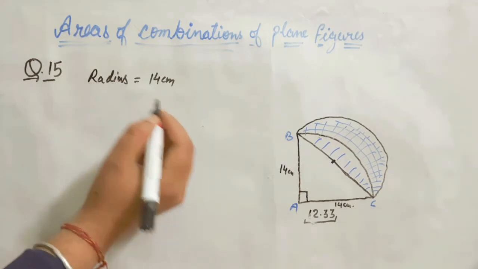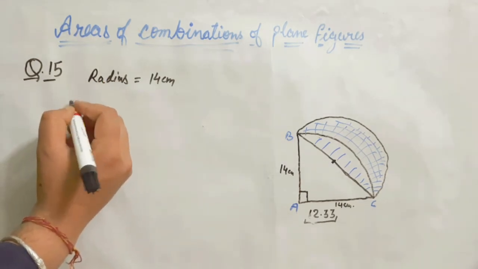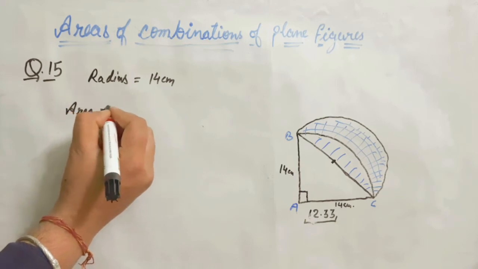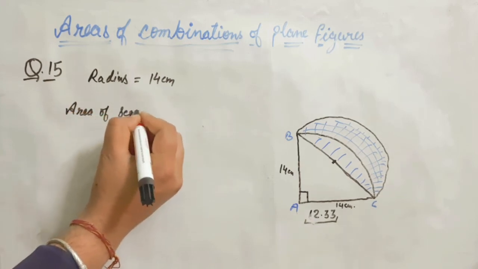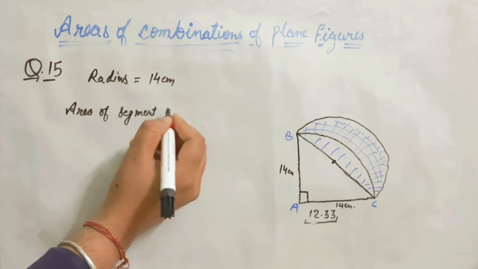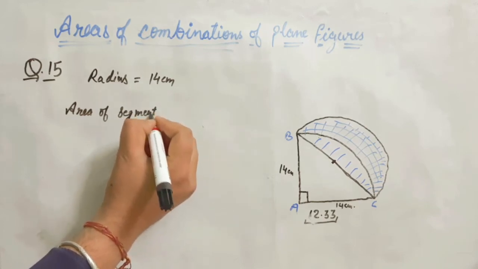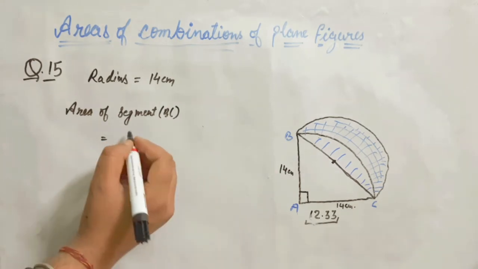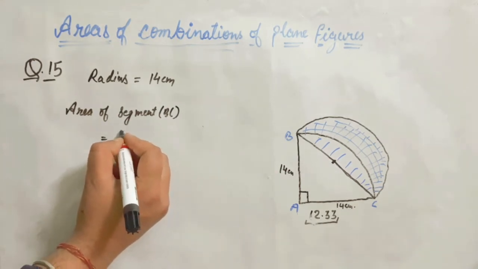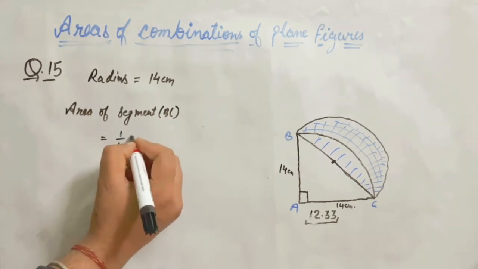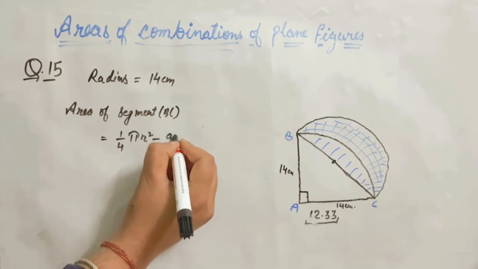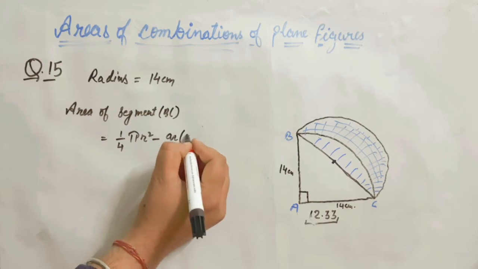Then the area of segment BC will be equal to area of quadrant, that is 1/4 pi r square, minus area of triangle ABC.